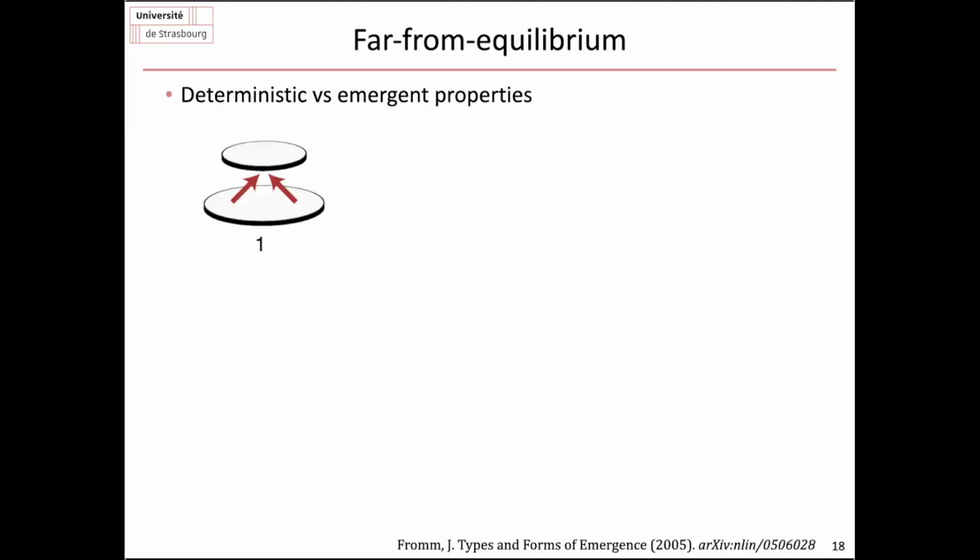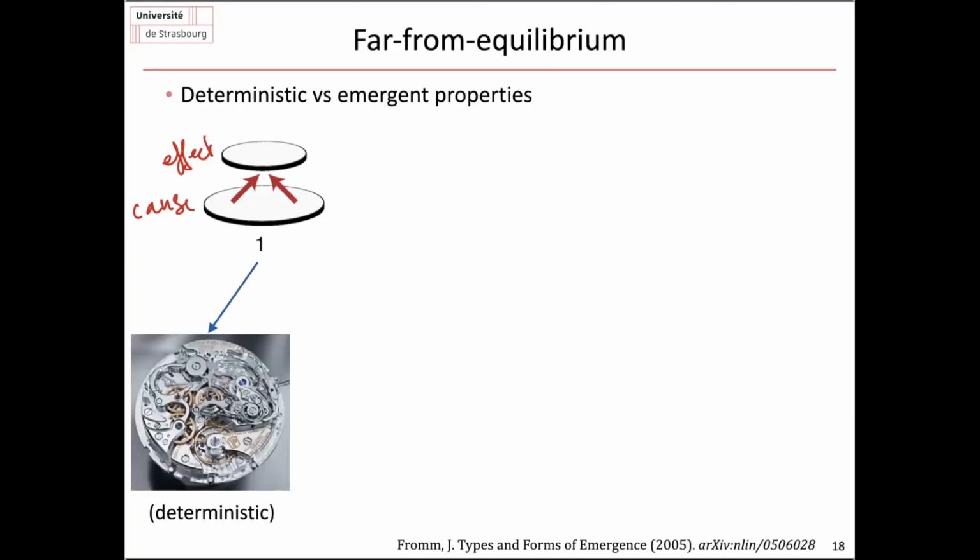Okay, so what's the difference between deterministic and emergent properties? In a deterministic system, you have only the cause that goes to the effect, right? So you do an action and that has a certain result, which is completely predictable.